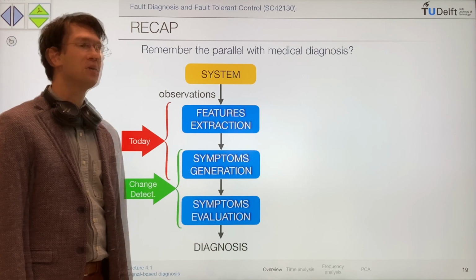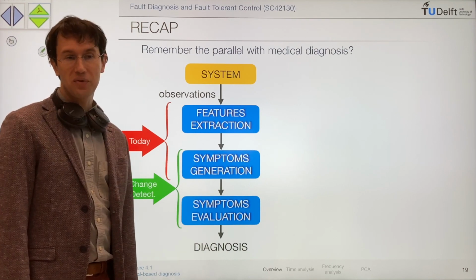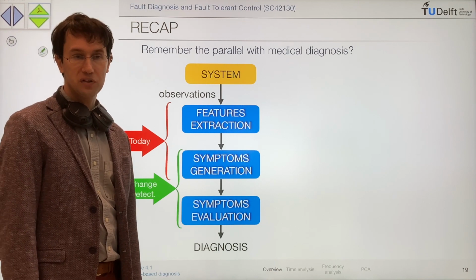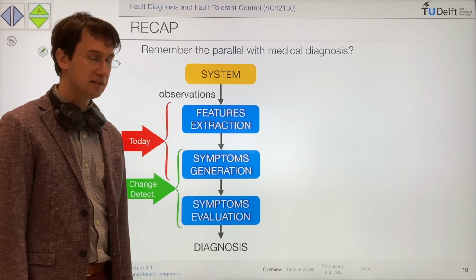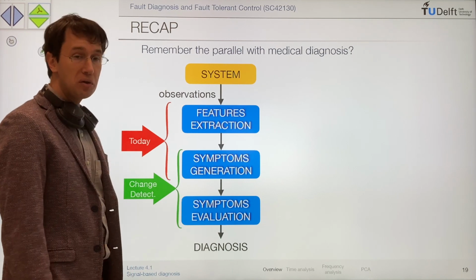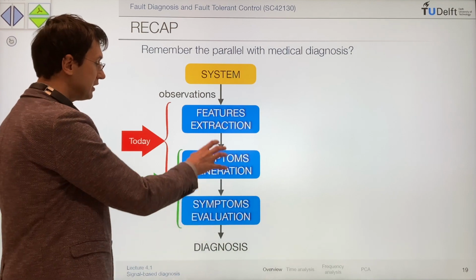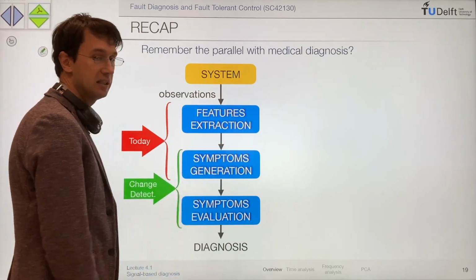So we need to know some deterministic or statistical description of what is the normal behavior of those spectral components. So all the methods that we have seen in the previous lecture can then be applied. What is different is just the way we generate features and symptoms.